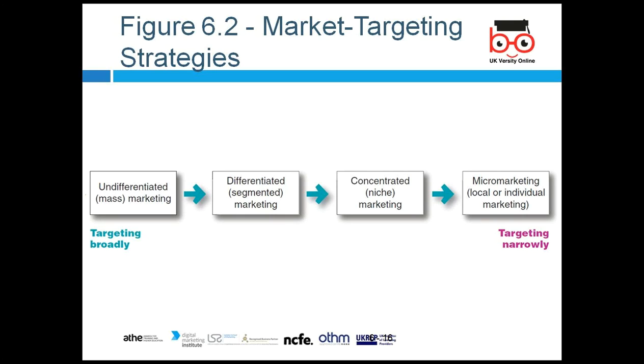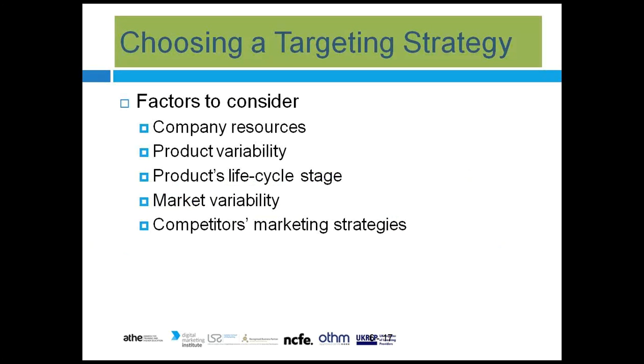Then concentrated niche marketing: maybe a low-income area, a low-quality product, or a product for a different ethnic group, depending on the purchasing power the people have. Micro marketing, local and individual marketing: we can make the logos according to the requirement of the company, along with the slogan. Otherwise we are just selling the product or the stationery, but we can target it narrowly.